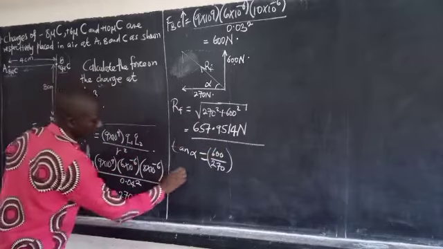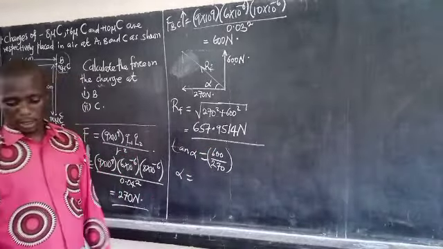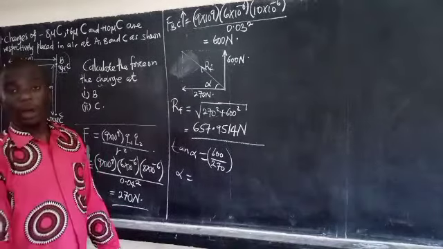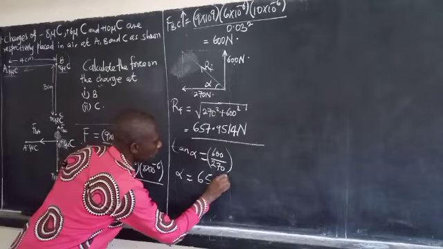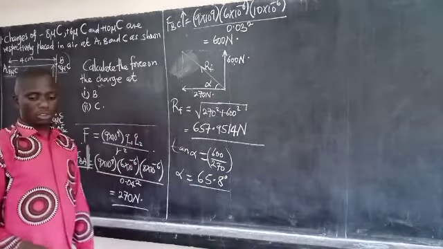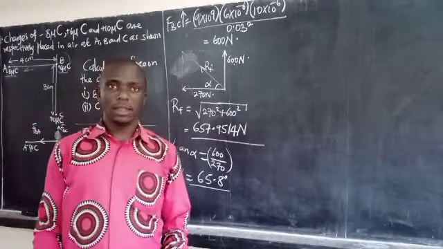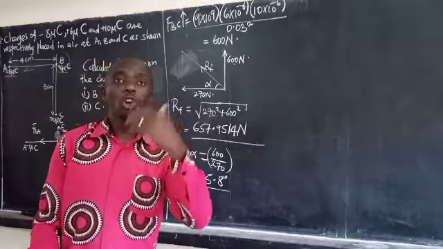And when you take an inverse and continue, you'll finally get your alpha as 65.8 degrees.